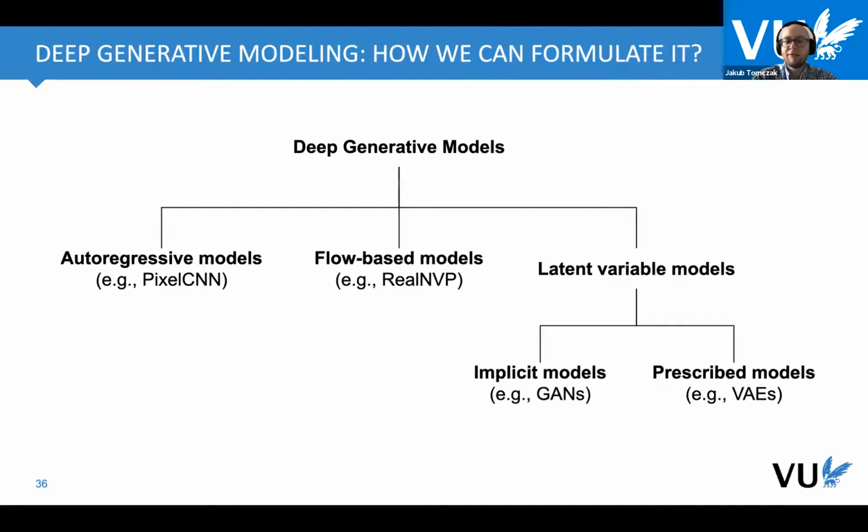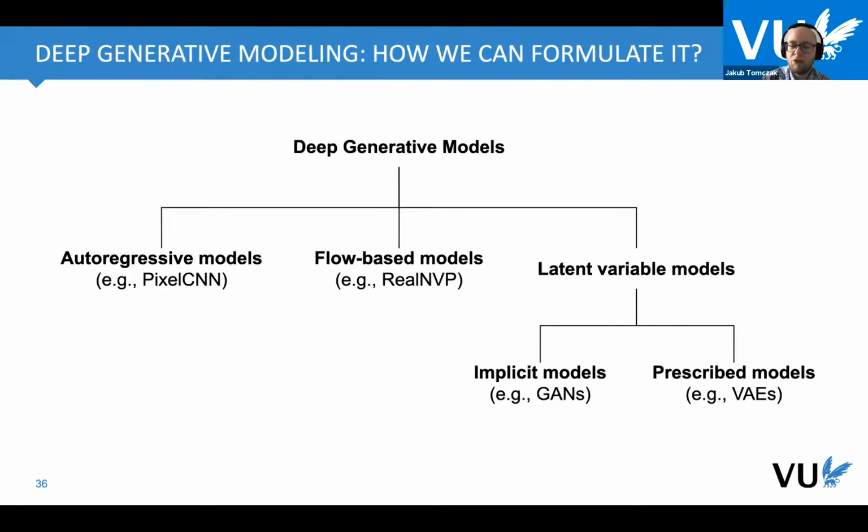And how can we learn it? There are a lot of different models: autoregressive models, flow-based models, latent variable models like GANs, generative adversarial networks, VAEs, variational autoencoders, and many more, but these are the ones that can actually learn P of X. Because this talk is almost over, I will not go into details, but there's a plethora of different generative models.